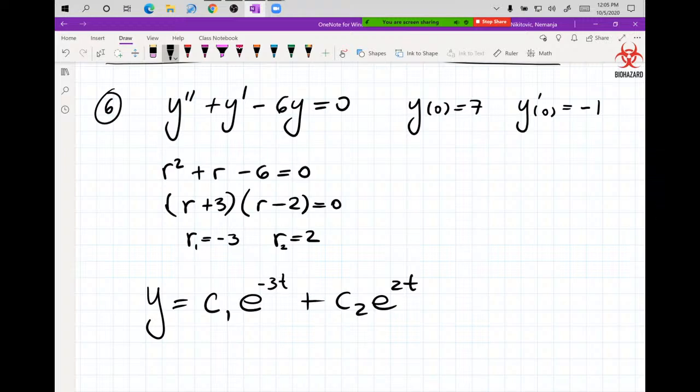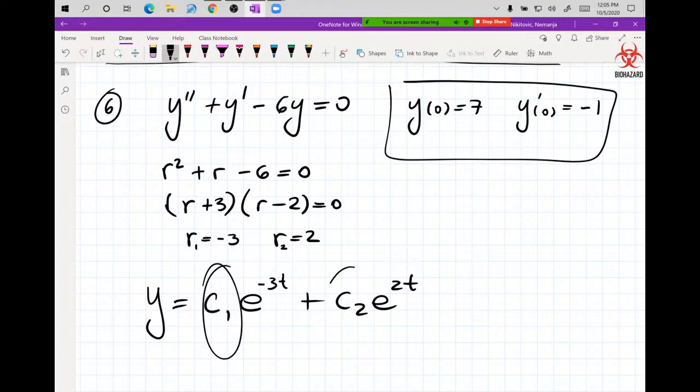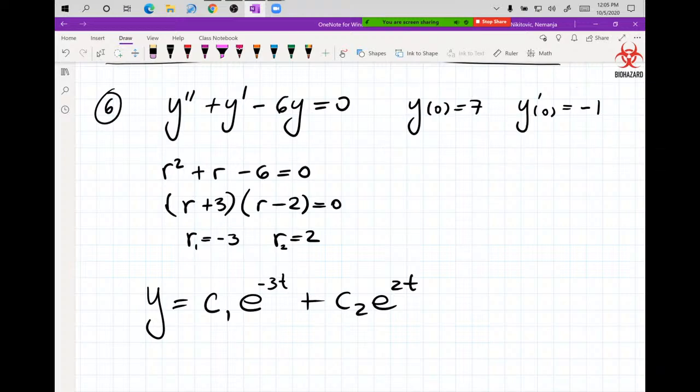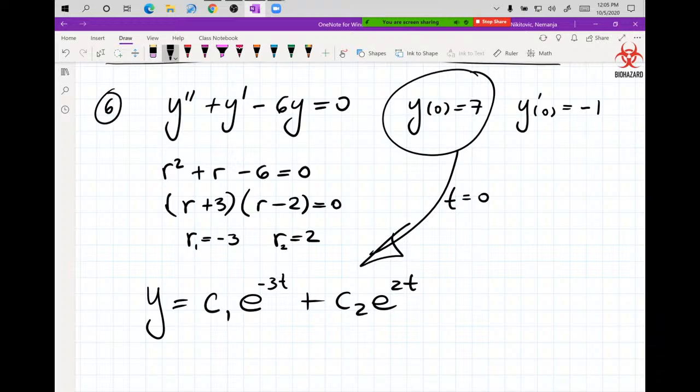And now we are supposed to use this to calculate C1 and C2. Now, clearly, you can plug this one directly into this equation, right? This is t equal to 0 and y equal to 7, and that's simple. Now, this one over here plugs into the derivative.